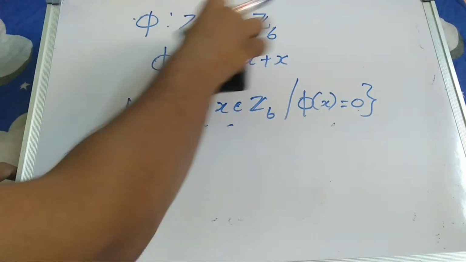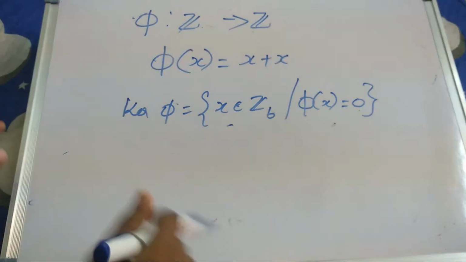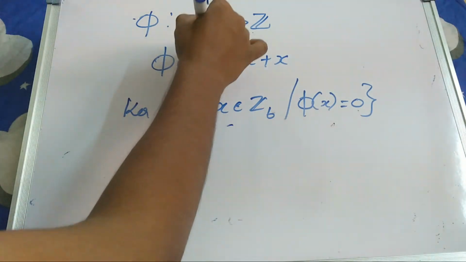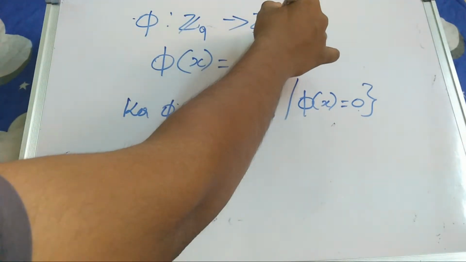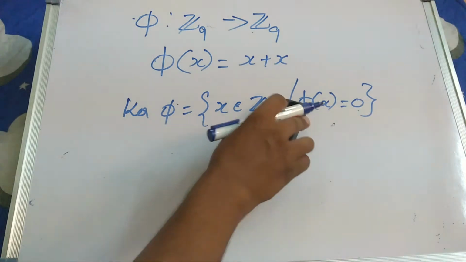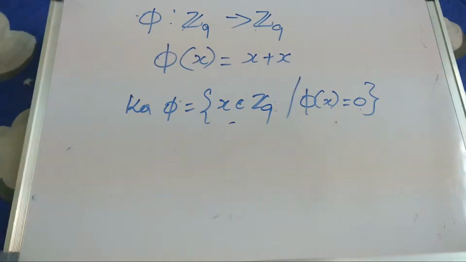Maybe we'll just change to a different n. There might be a question: why do I define it between the same groups? We might define it between different groups, but for a beginner, it is better we deal with the same group on both sides. Okay, Z9.